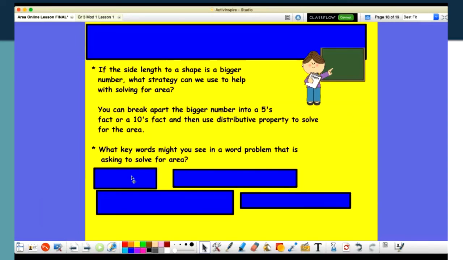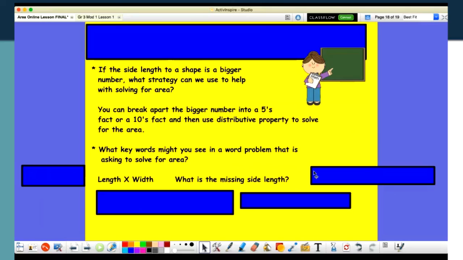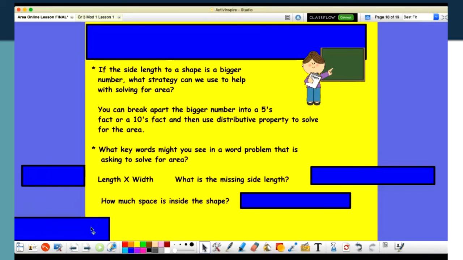What keywords might you see in a word problem that is asking to solve for area? So in today's lesson, in some of the word problems, we might have seen length times width. You might see a question that says, what is the missing side length? You might see a question like this: how much space is inside the shape?